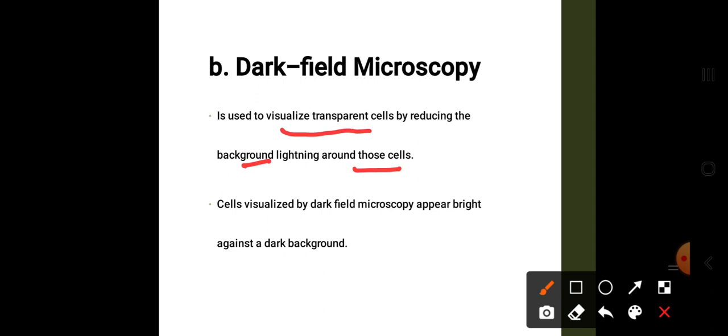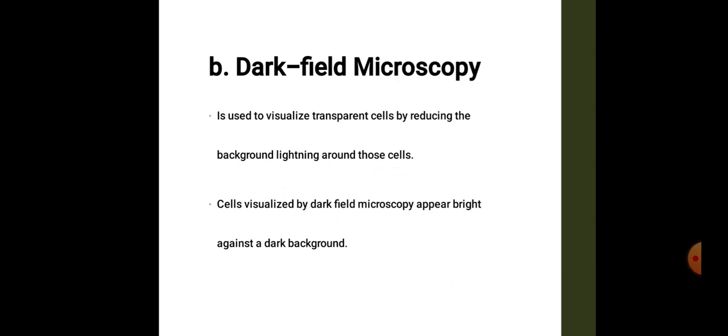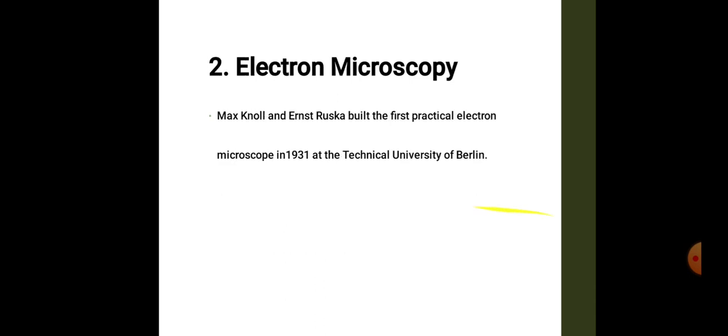The cells visualized by dark field microscopy appear bright against the dark background. This is all about basic light microscopy, which involves the compound microscope, phase contrast microscope, as well as dark field microscope. Now we will discuss the electron microscope.